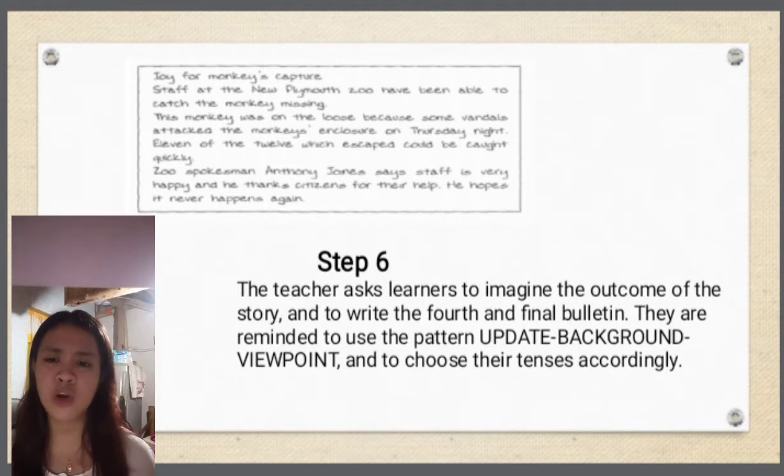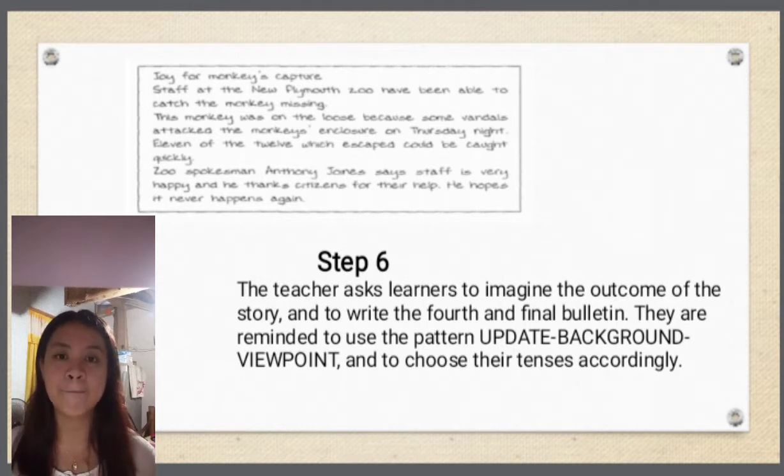They also have the freedom to choose their tenses accordingly. This works for groupings, and one group doing this activity produced the following stories. I will show you here the following story that one group has produced.